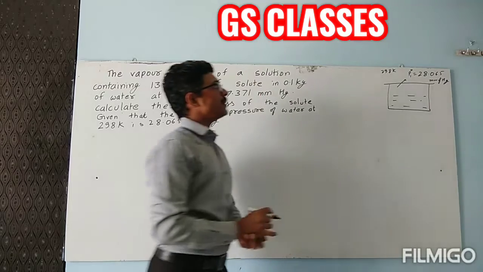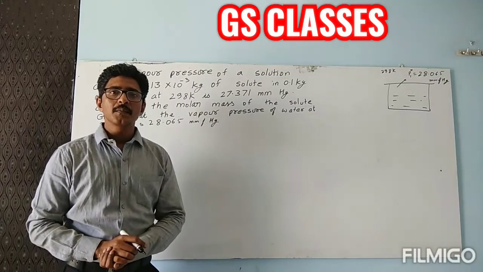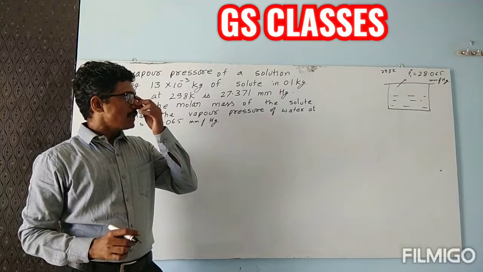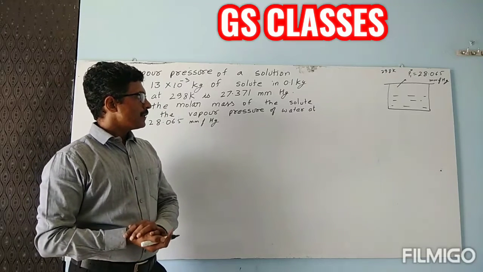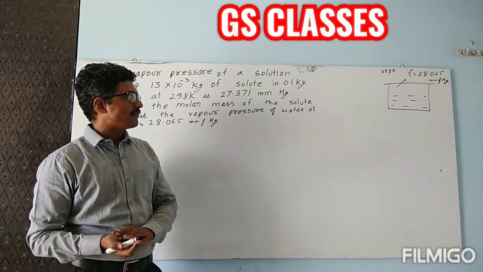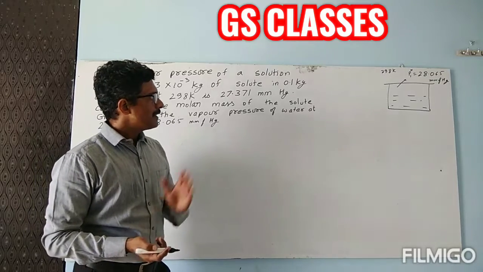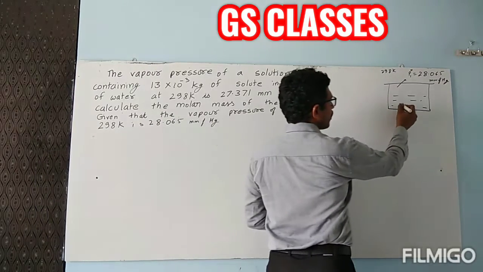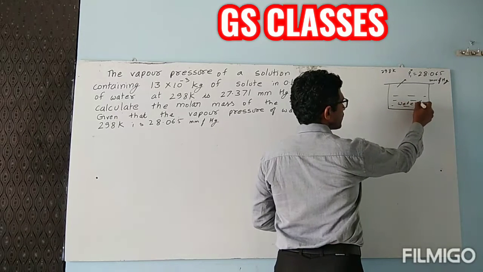It is a unit for measuring the vapor pressure. Now children, P1 standard is 28.065 millimeter of mercury, and here I have taken only water.